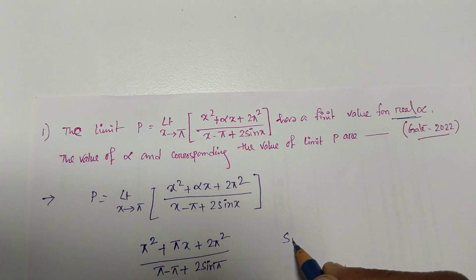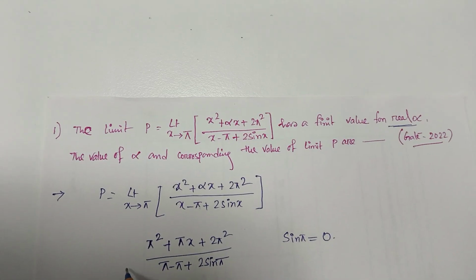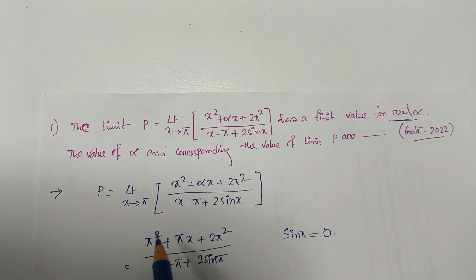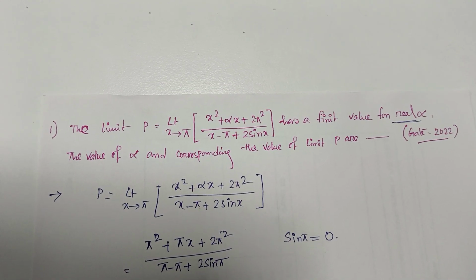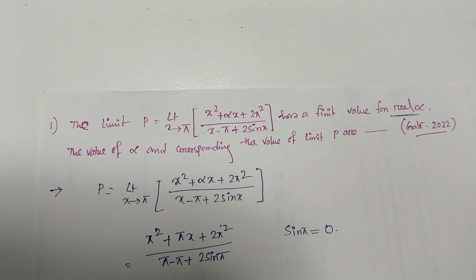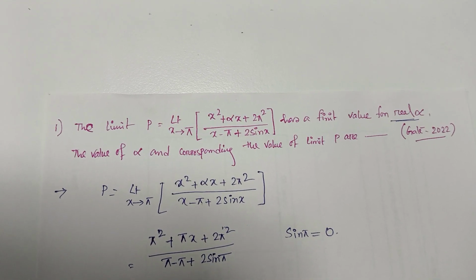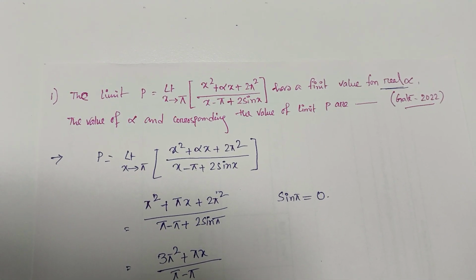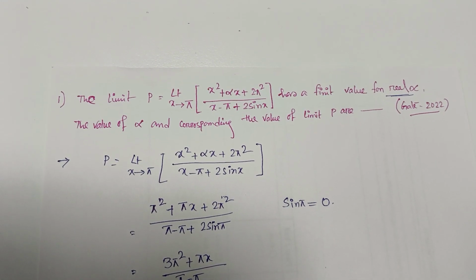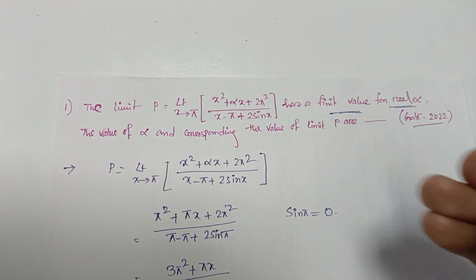We know that sin pi is 0. So we get pi square and 2 pi square, 3 pi square plus alpha pi, by pi minus pi, so we still get 3 pi square plus alpha pi by 0.